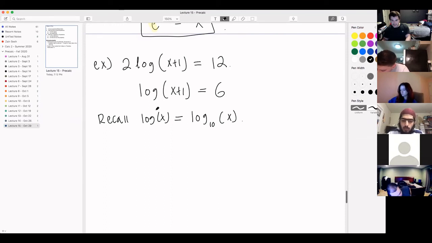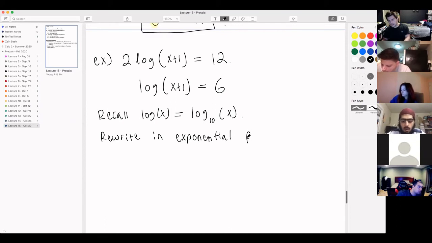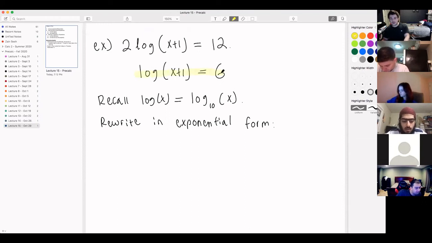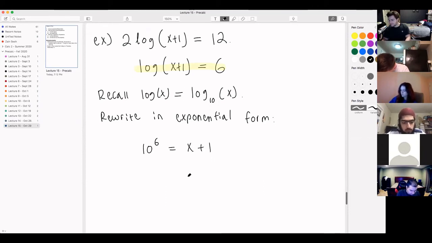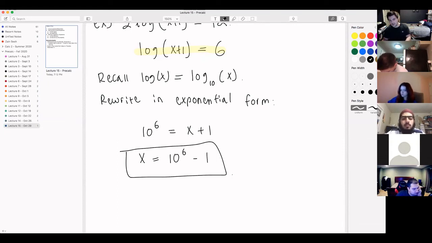There really is a 10 understood in the subscript. Now rewrite in exponential form. This highlighted one will be 10 to the 6th is equal to x plus 1. We're not done yet because x is not isolated, so just subtract 1 from both sides. So x is equal to 10 to the 6th minus 1. There you go.